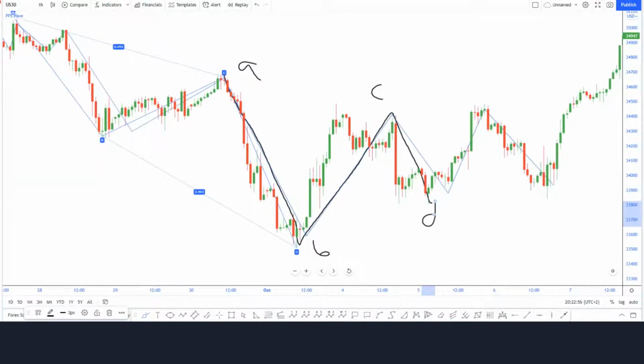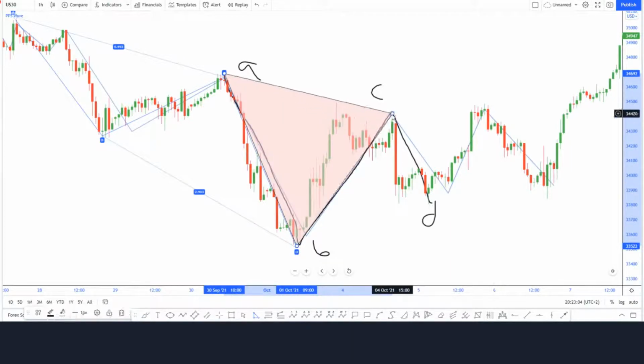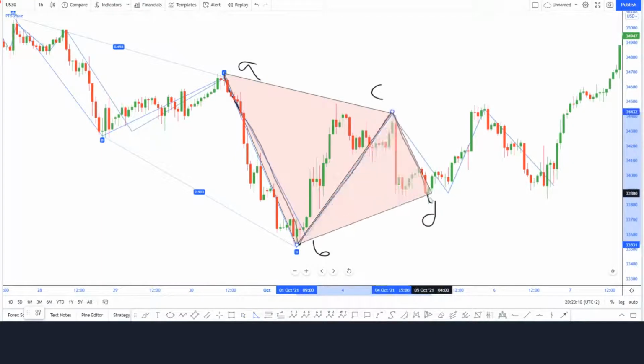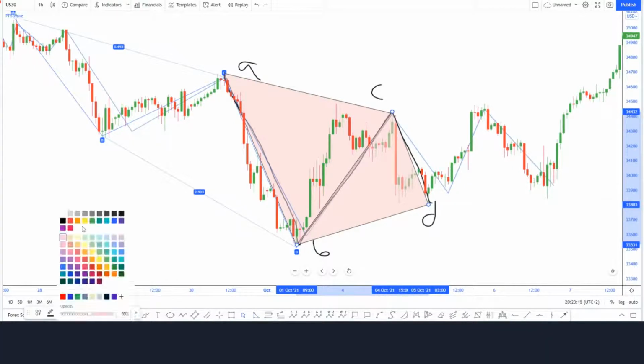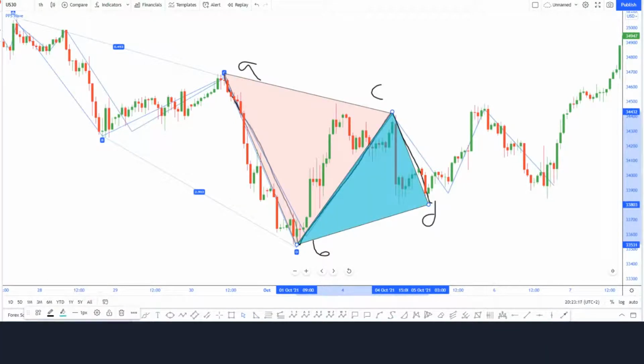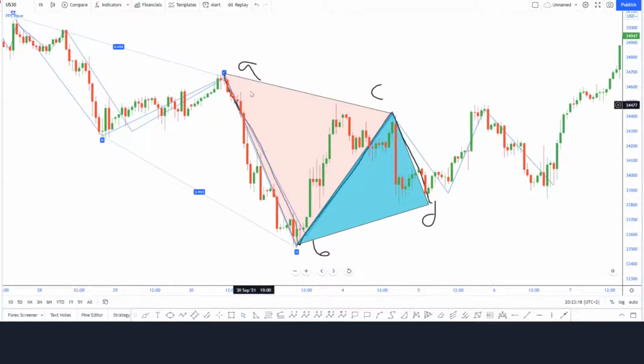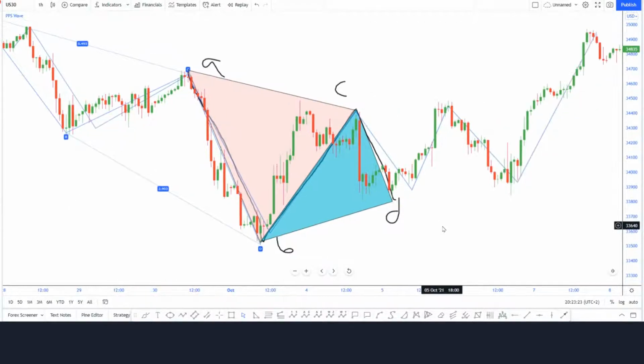Let's highlight it with a triangle. Right there, guys. See this one? Then this one right here. So there's A, B, C, D. Can we use this one right here?